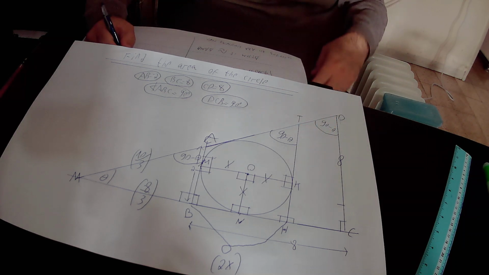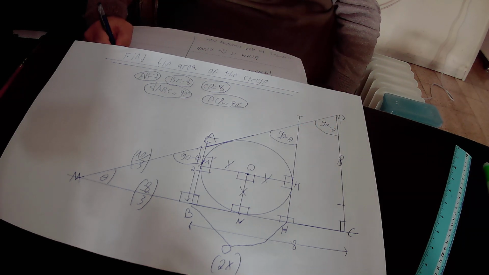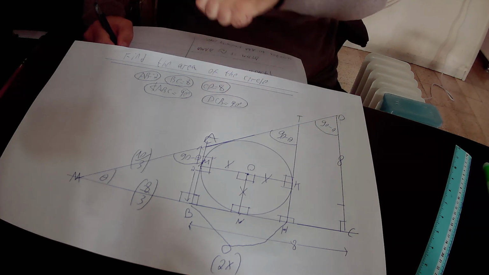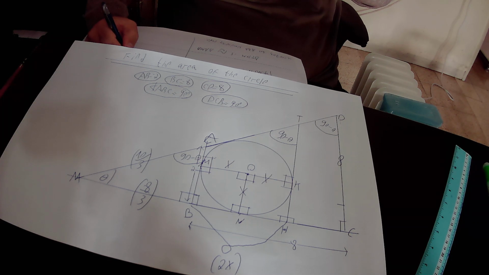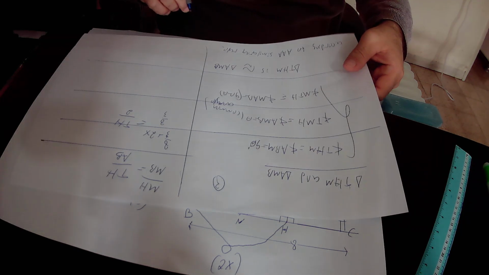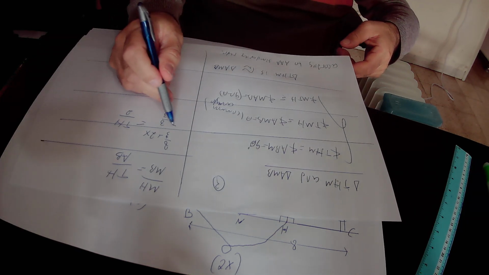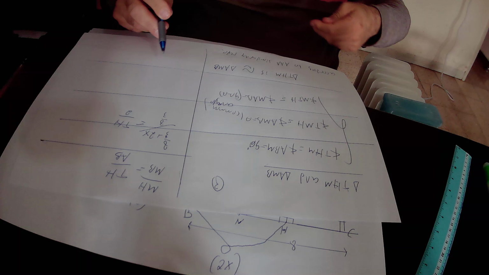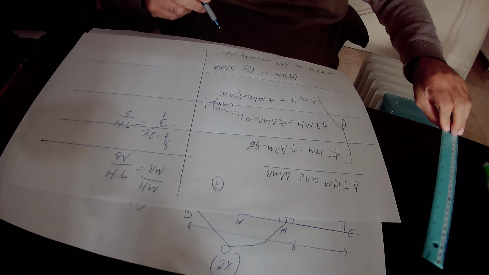TH is unknown, so we leave it as it is, over AB. AB is 2, so we substitute AB by 2. We found that 8 over 3 plus 2x over 8 over 3 equals TH over 2.